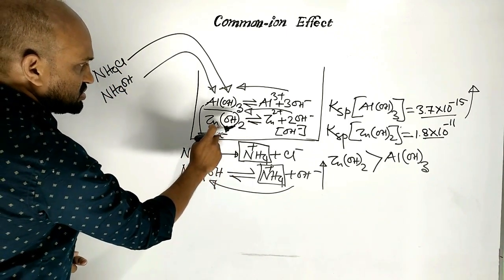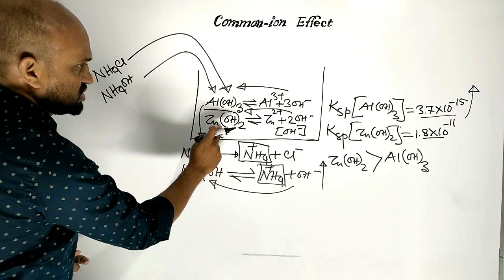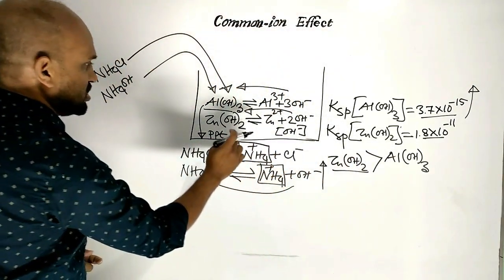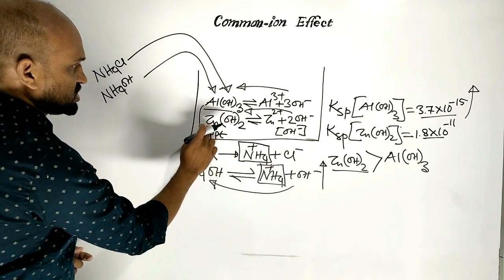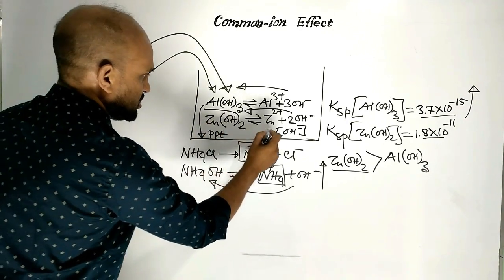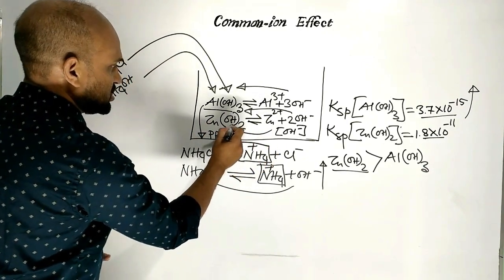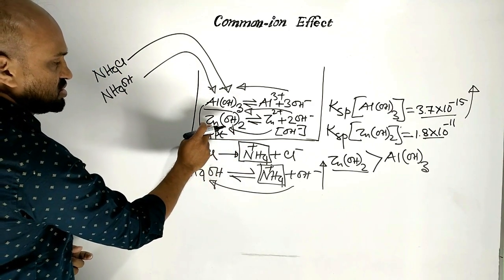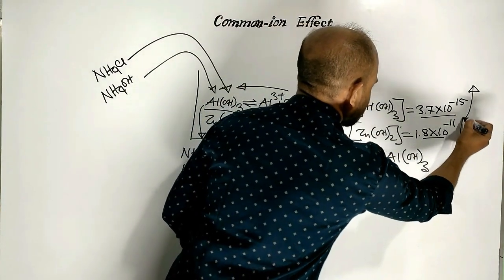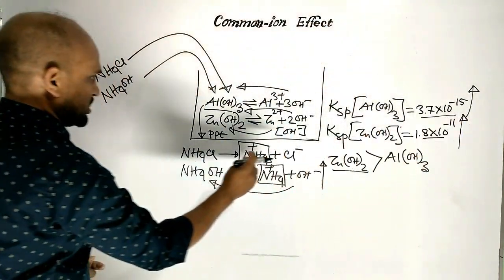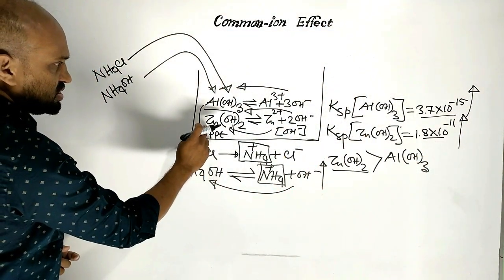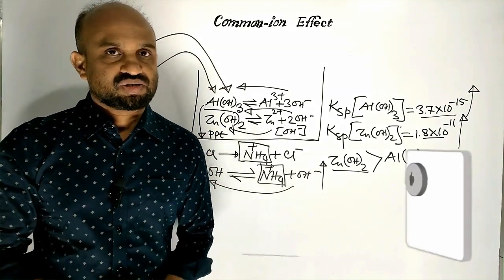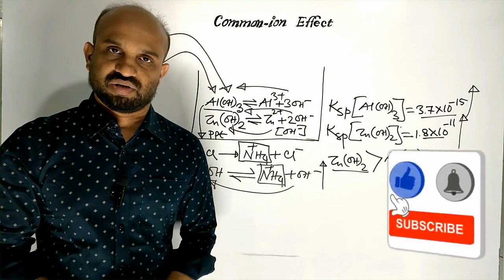But as solubility of zinc hydroxide is higher than aluminum hydroxide, though reaction of zinc hydroxide moves backward direction, ionic product of zinc hydroxide cannot exceed its solubility product. That is why zinc hydroxide remains in the solution, but aluminum hydroxide deposits as precipitate.